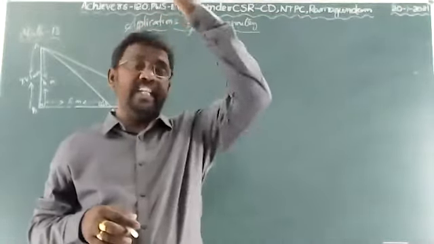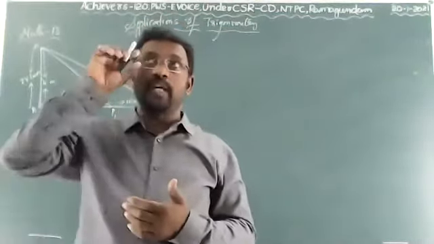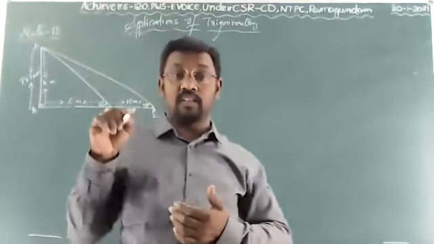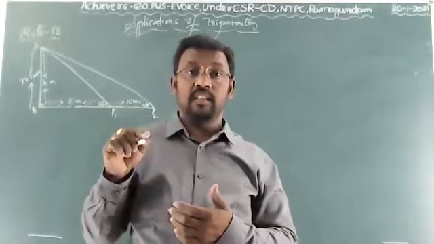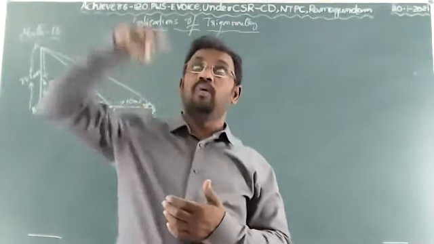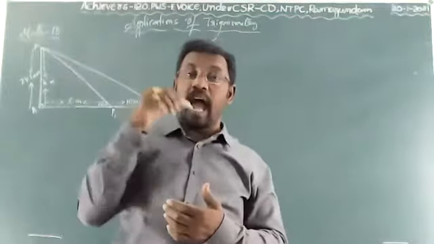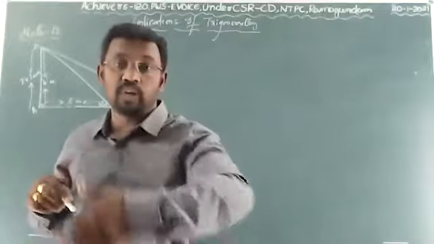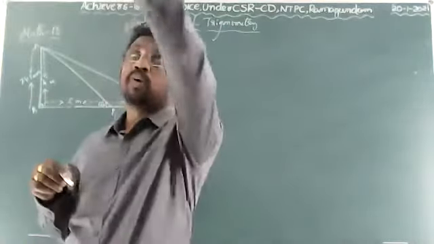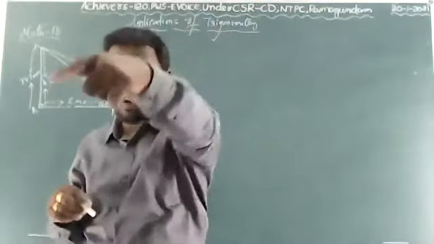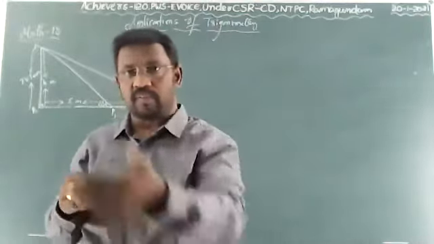If you know the height, we can measure that angle of elevation. If you know the angle of elevation, and if you know that width, suppose from there it is flying, from there to here on land, you can measure very easily.